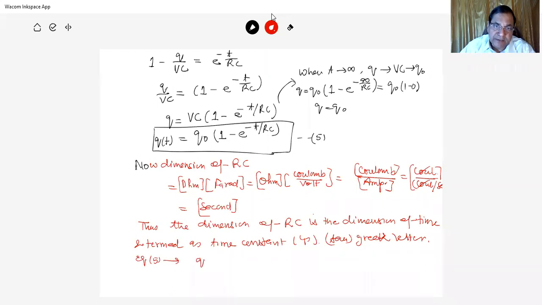So the equation 5 can be written as Q(t) is equal to Q0 (1 minus e raised to the power minus t upon tau). This is equation number 6.